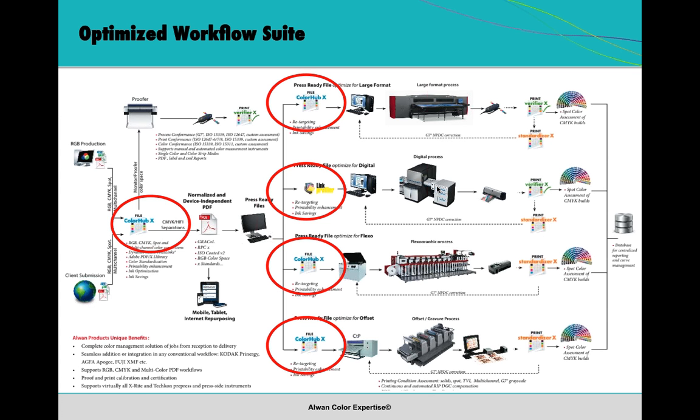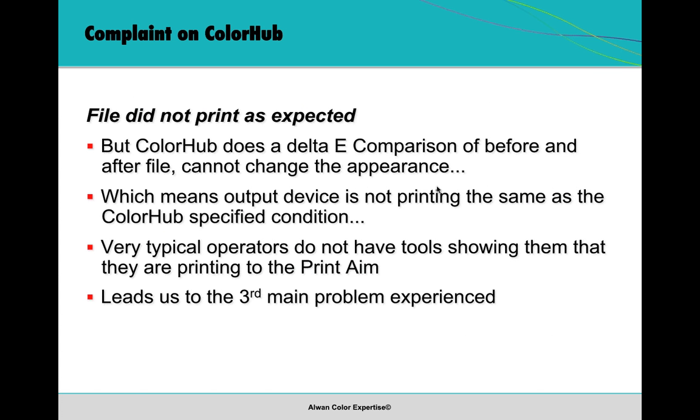And every file that goes to any of their output devices goes through ColorHub at least one time, if not more. During Hurricane Sandy, I got an email of a picture with the Alwan ColorHub computer being run on a generator, and the tagline was something along the lines of, "Look, we cannot live without this program, even in the middle of a hurricane." So it's a very versatile tool that can work in any workflow.